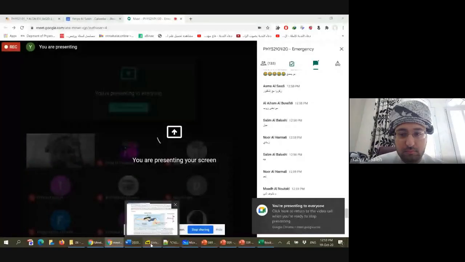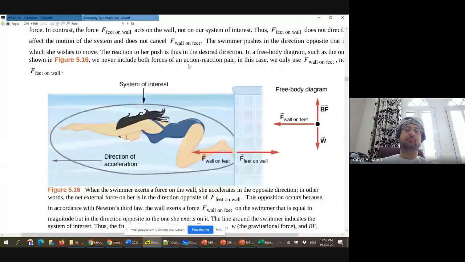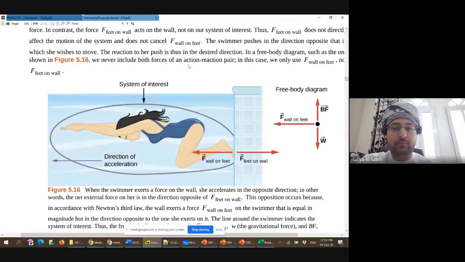She pushed on the wall. Oh, sorry. My bad, I stopped the presentation. Now you should see it. Here's a swimmer. She is pushing against a wall while swimming. Now, why is the wall not moving?